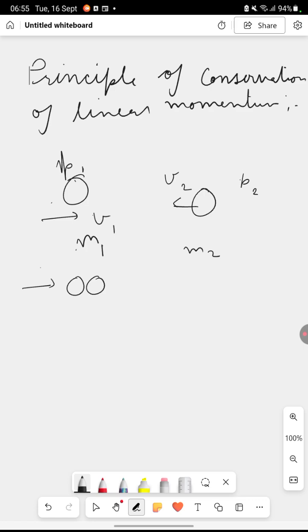Now after the collision, what will be their momentum? Let's say its momentum is p1 dash and the other's momentum is p2 dash.